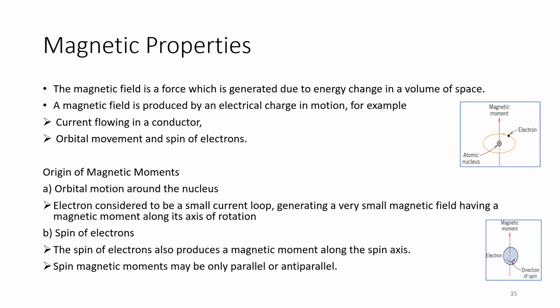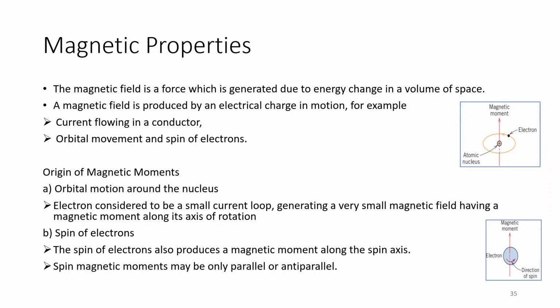Next is magnetic properties. The magnetic field is a force which is generated due to energy change in a volume of space. A magnetic field is produced by an electric charge in motion, for example a current flowing in a conductor, and by the orbital movement and spin of electrons. Orbital magnetic moment: the electron's orbital motion around the nucleus is considered a small current loop generating a very small magnetic field, having a magnetic moment along its axis of rotation.